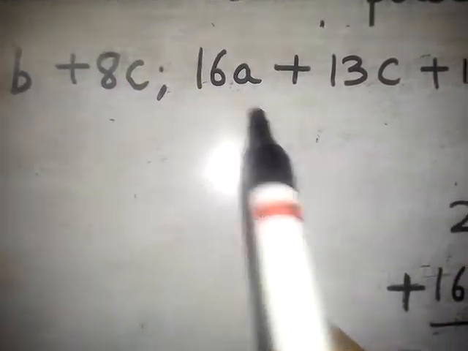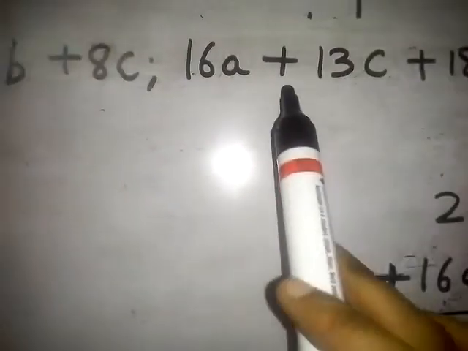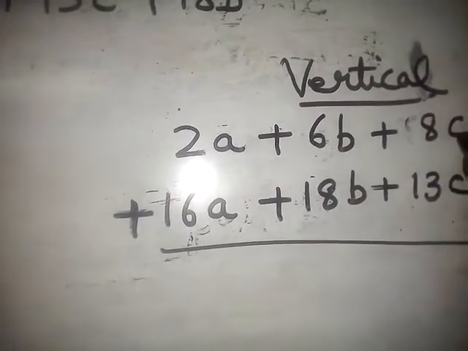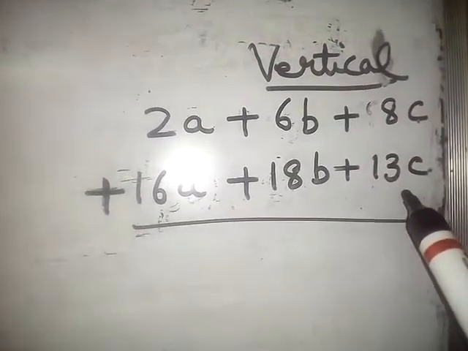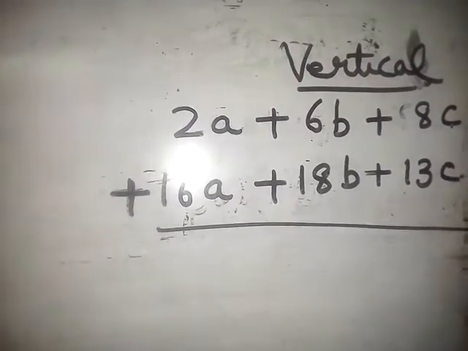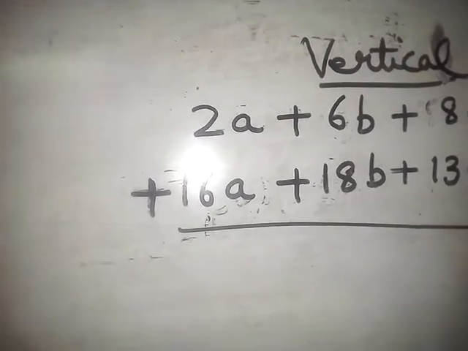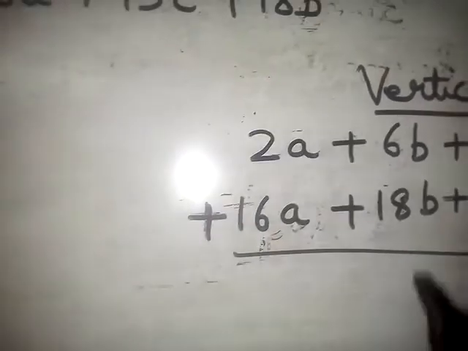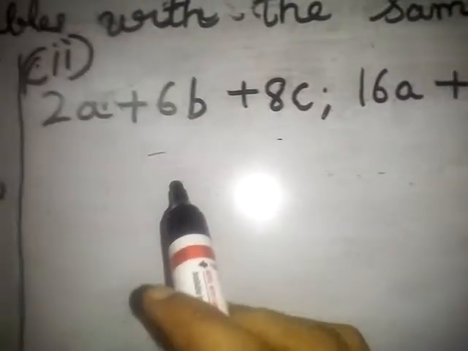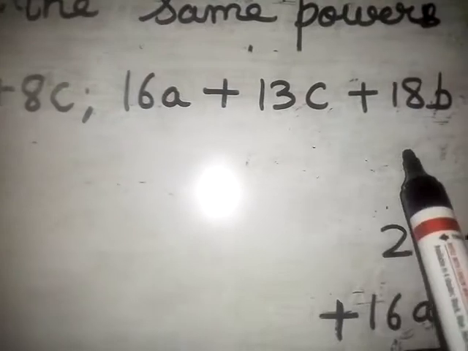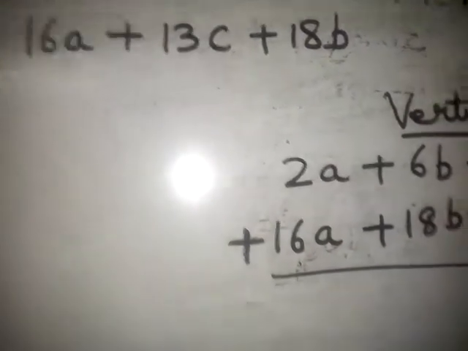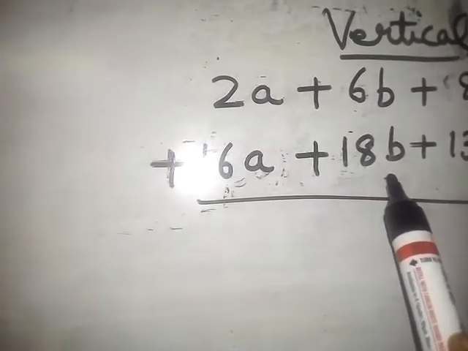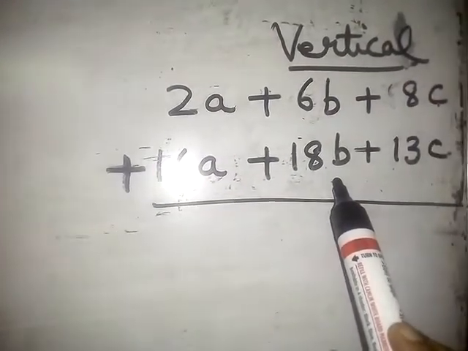Then next, 16a you have to write here, plus 13c. Where there is 8c, down you have to write 13c. Always you have to arrange in like term form, in vertical arrangement. And 6b plus 18b, you have to arrange in vertical arrangement.